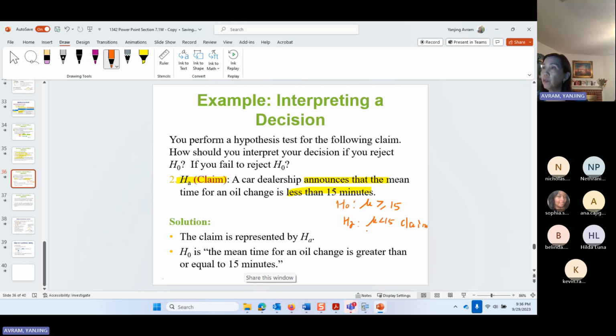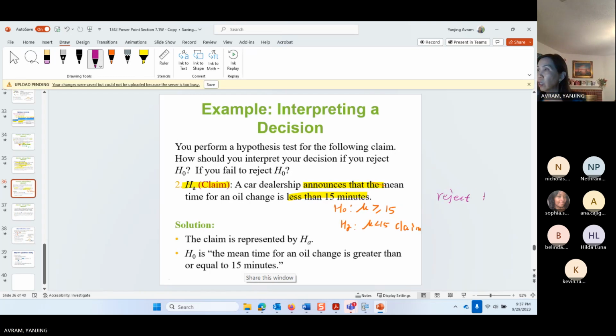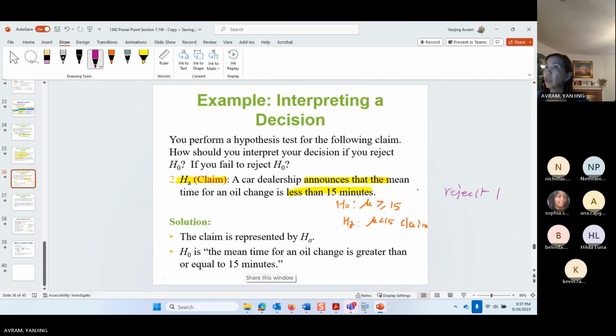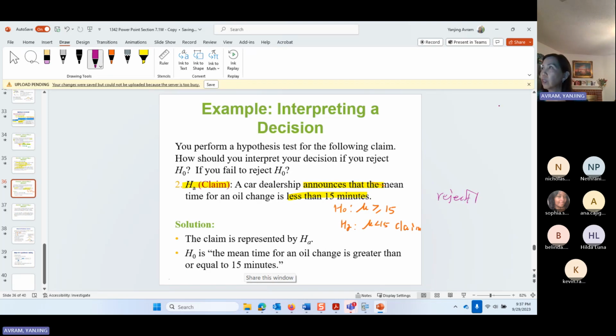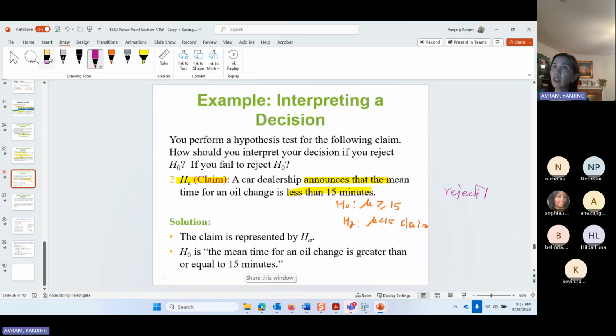All right, so if you reject the null hypothesis, let's see what you get. Let me write down in here.